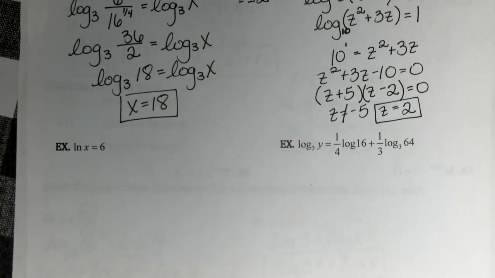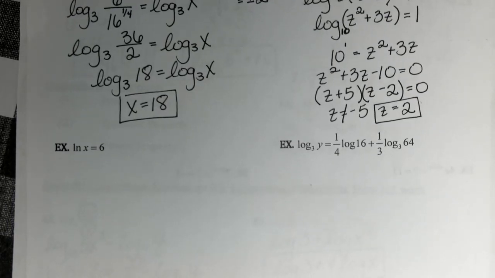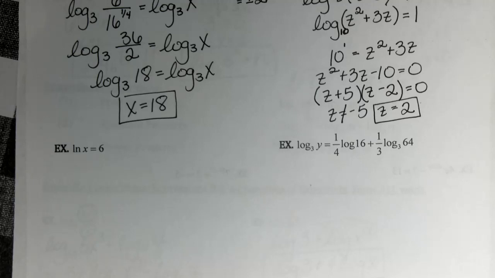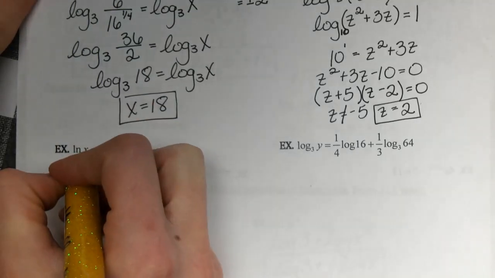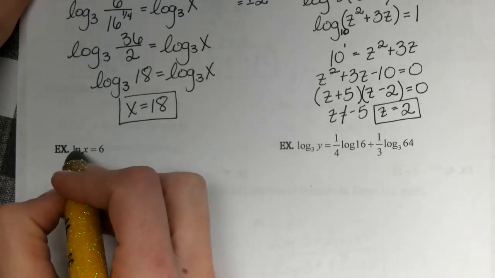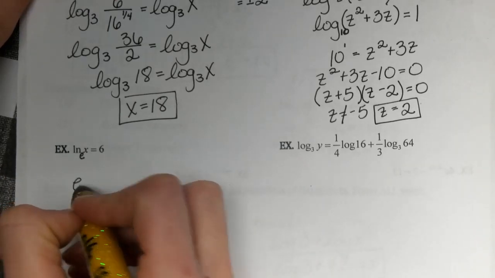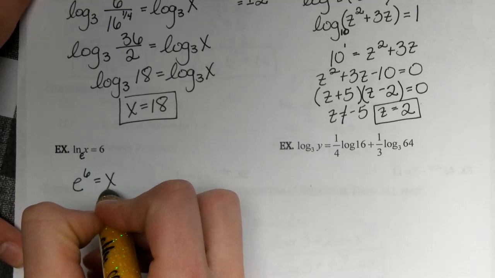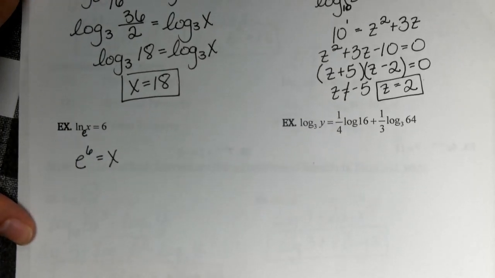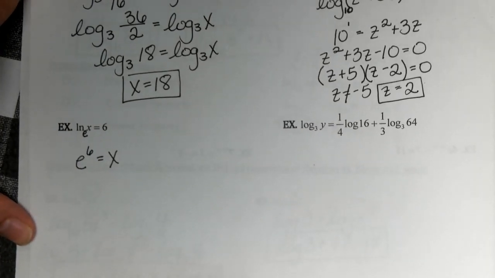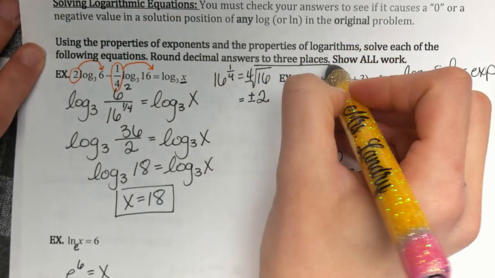Alright, natural log of x equals 6. Here again, I just have one log. It's a natural log, but I just have one. So I'm going to put it in exponential form. So my base is e, e to the 6th power is equal to x. It says round decimal answers to 3 places. It says that in the instructions.